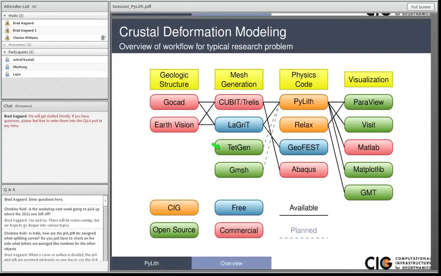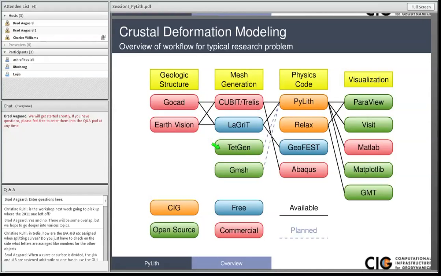It is open source. Gmsh is another open source package that's been used by the computational seismology community, and we're currently investigating whether it can be used to generate the type of information that we can use in Pylith. That would give an open source alternative to Cubit for meshing.